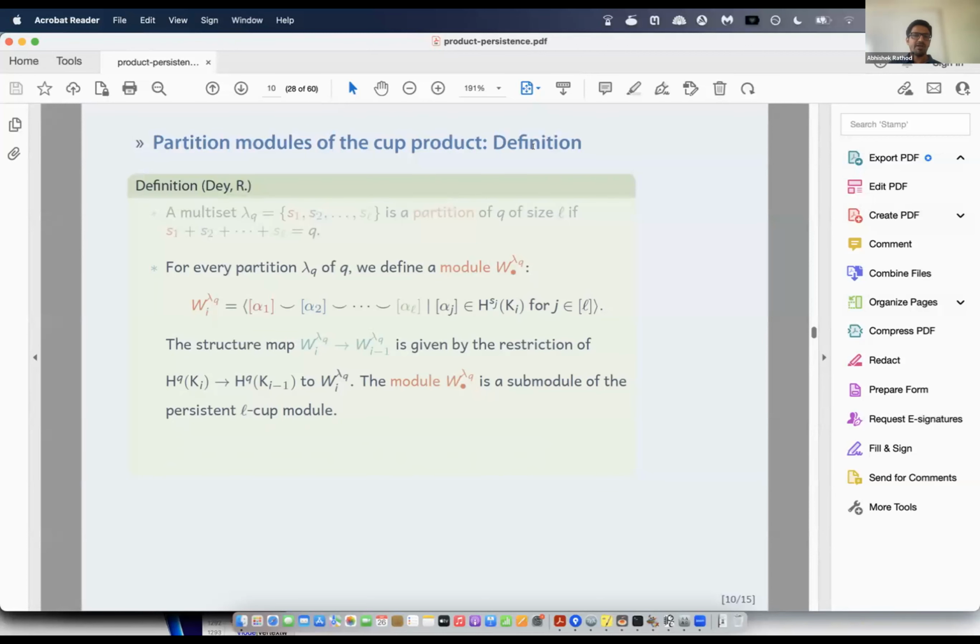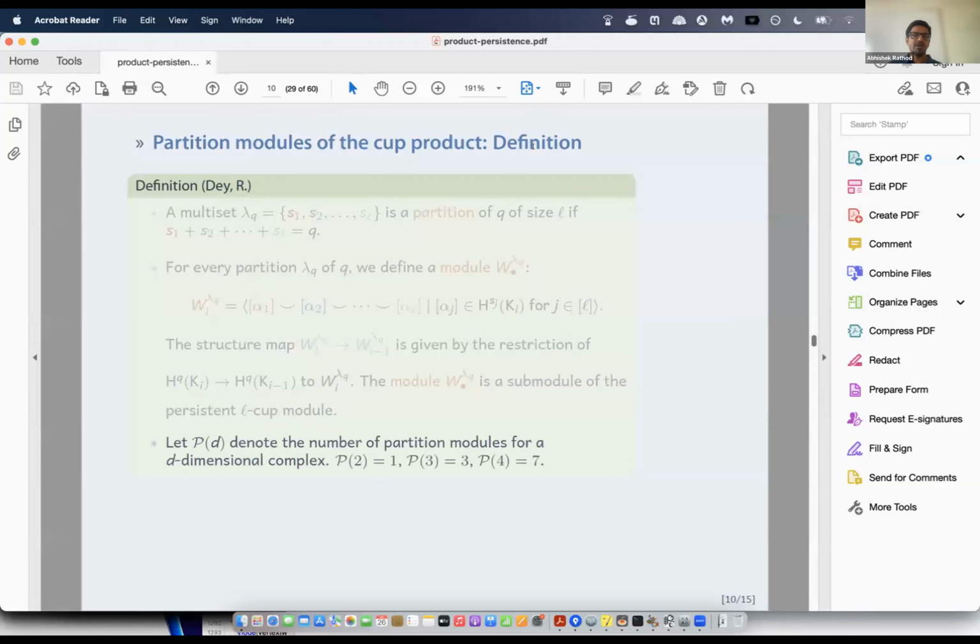So now that we have defined a partition invariant for every partition of every integer, the question is how many of them are there. Say you have a filtration of a d-dimensional complex. How many partition invariants do you have? It turns out that this number is actually quite small for small dimensional complexes. Small dimensional complexes constitute the typical use case scenario for TDA applications.